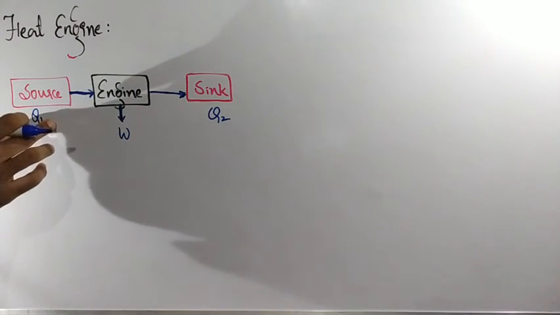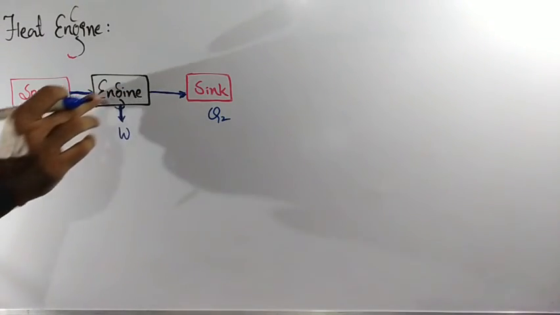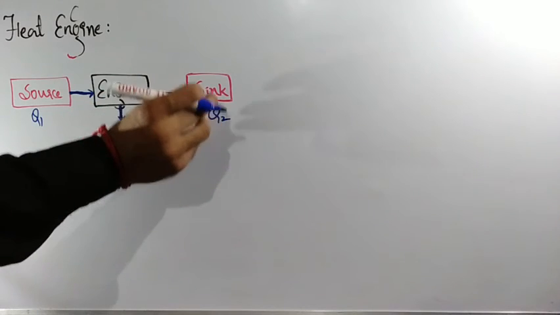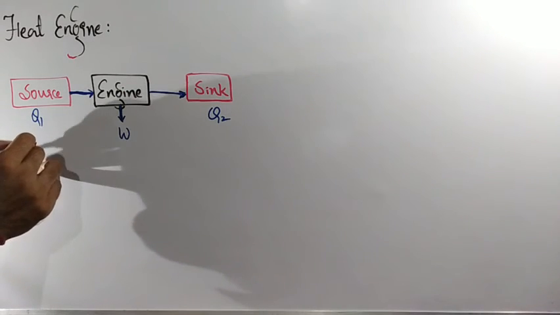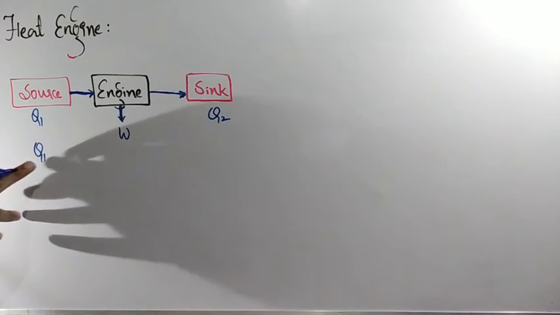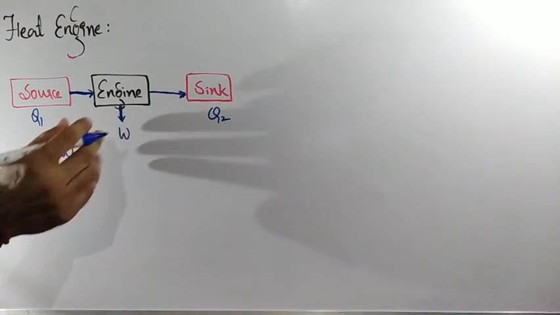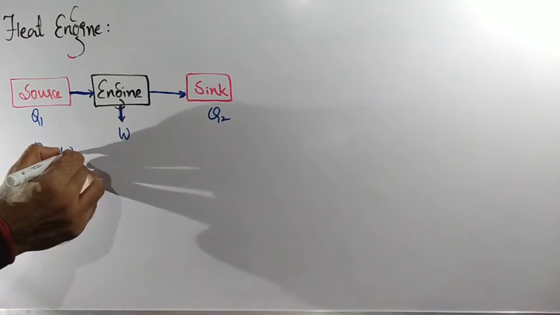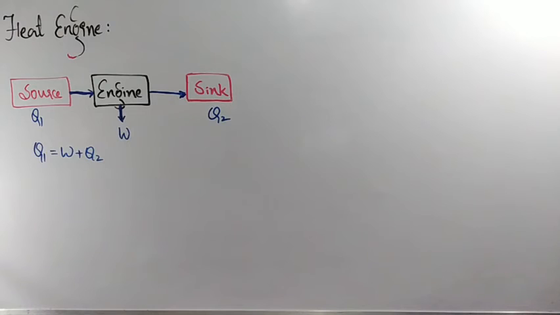The source has heat Q1 and the sink has Q2, which means that after this process the engine takes Q1 amount of heat and Q2 amount of heat is rejected at the sink. Now, from this diagram, what equation can we write? The heat Q1 absorbed is some amount of work done plus some amount of heat that went to the sink.